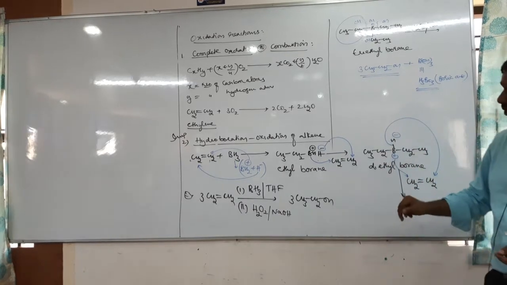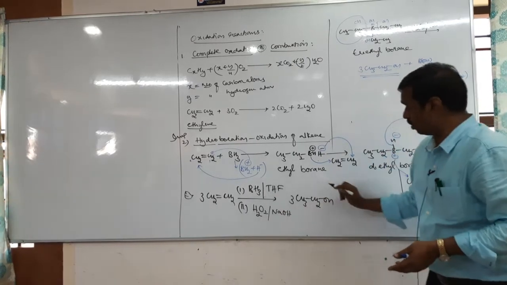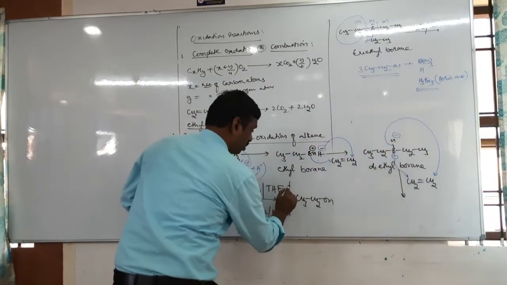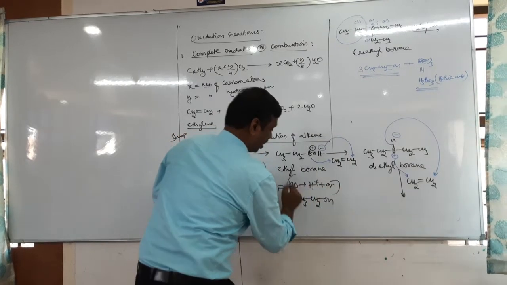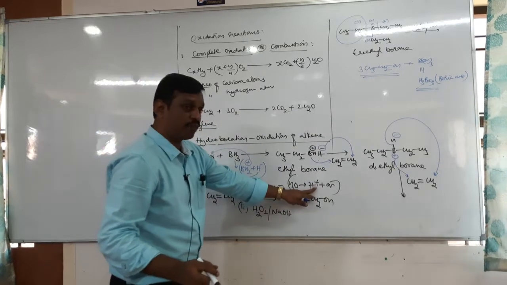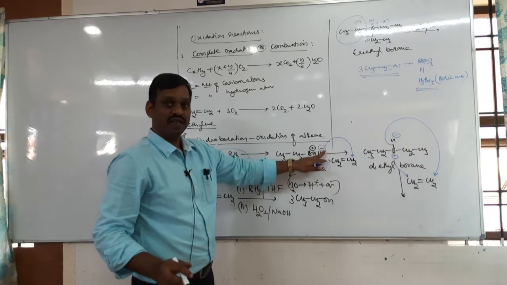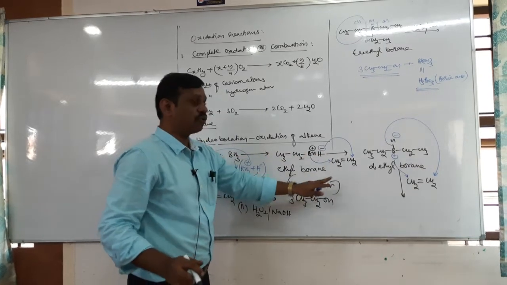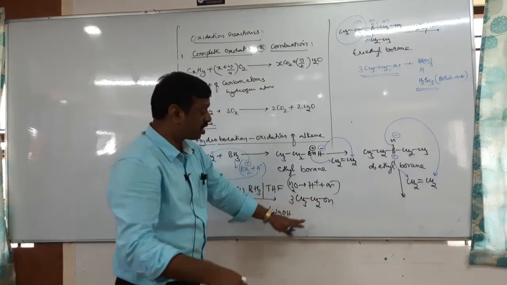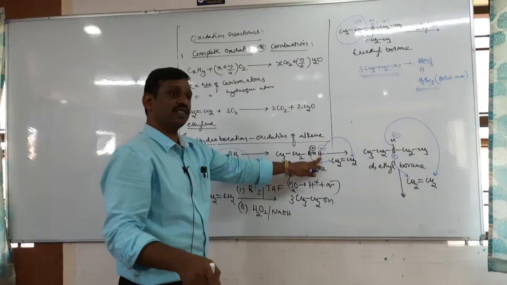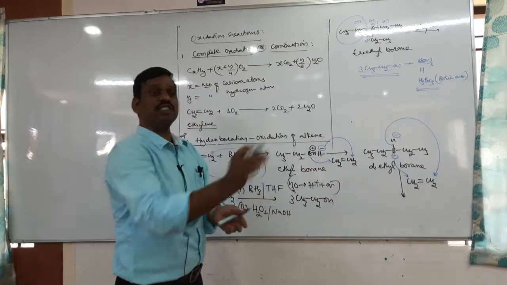The reason is, if you add water to an alkene, water contains H plus and OH minus. If you add H plus OH minus, you will get the product according to Markovnikov rule. But instead of H plus, we are adding H minus. That's why it goes opposite.